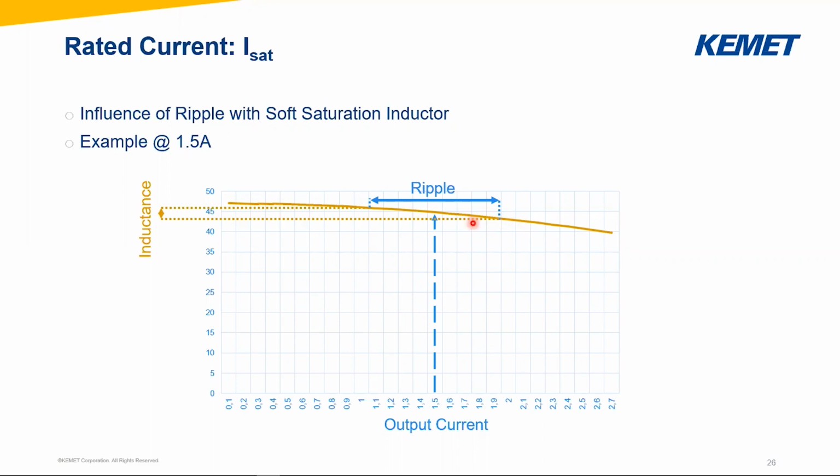This is the first point for you to understand if an inductor is good or bad. You need to know your output current and your ripple current. Then you can see if it's a problem like in the picture before, or if it's like here, no issue. Even if your ripple current is 40% or 50%, you still have not that big a loss of inductance.